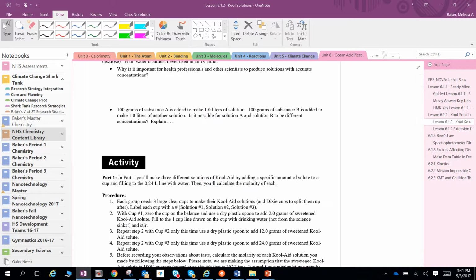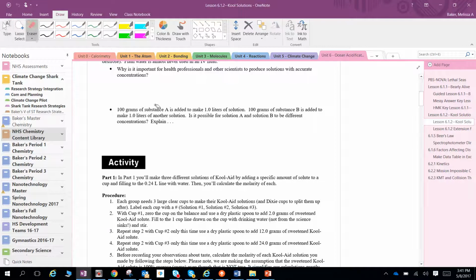We also talked about in the second question here, if you have 100 grams of substance A that you add to 1 liter of solution, and you have 100 grams of substance B added to a different 1 liter of solution, is it possible for those two substances to have a different concentration?